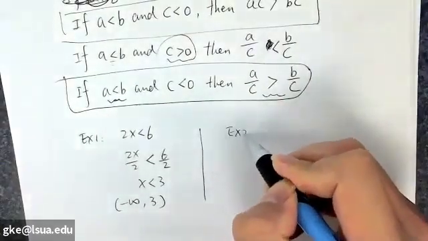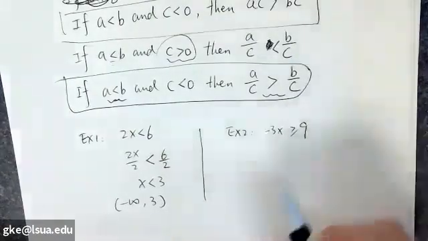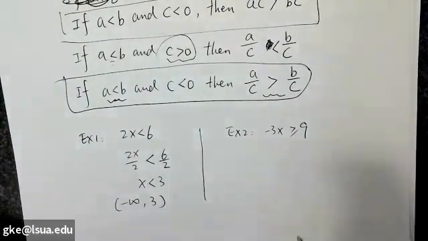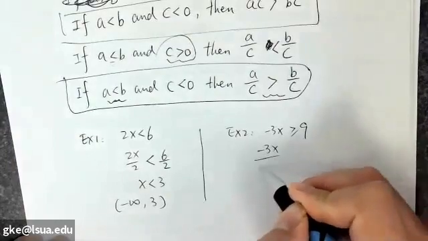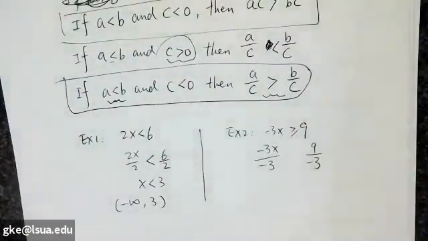Now, how about this one? Negative 3x greater than or equal to 9. How do we solve this one? Of course, based on our experience from linear equations, what are we going to do? Divide by negative 3 on both sides.